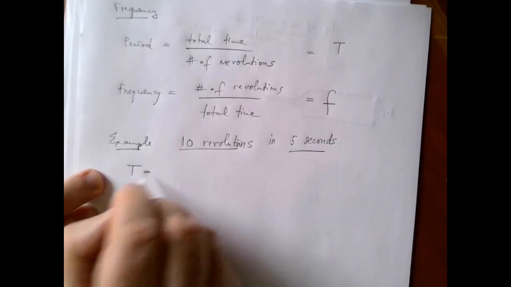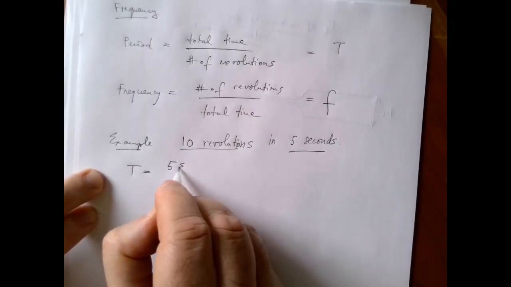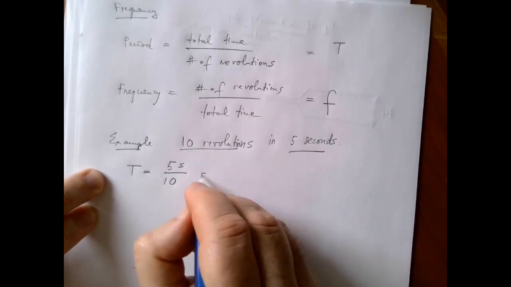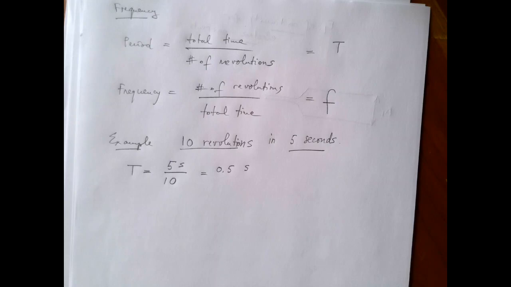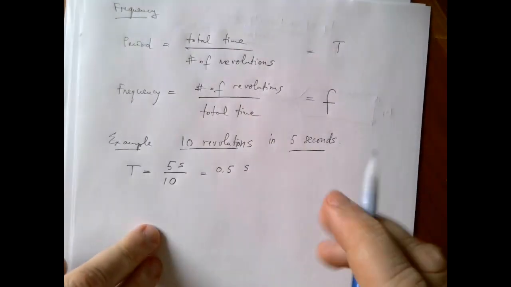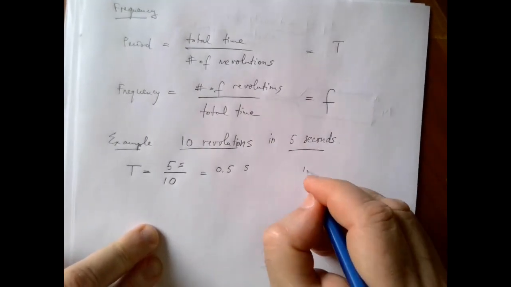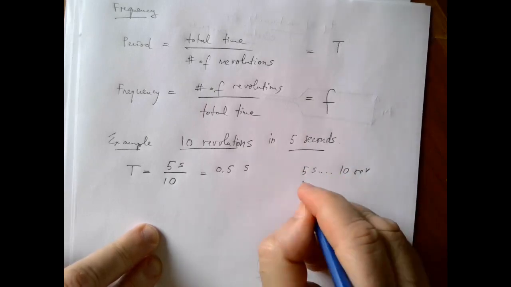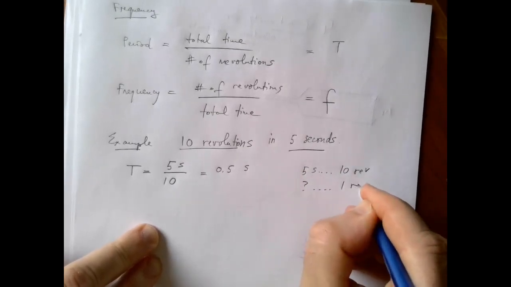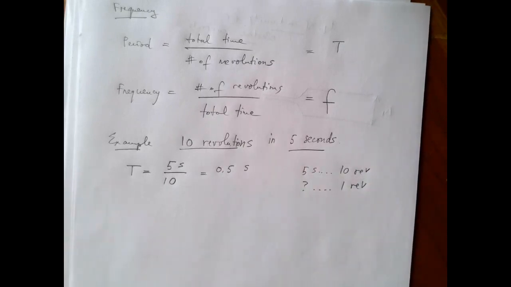The period will be 5 seconds divided by 10. The period will be 0.5 seconds. Indeed, if it takes 5 seconds to complete 10 revolutions, how many seconds will it take to complete 1 revolution?